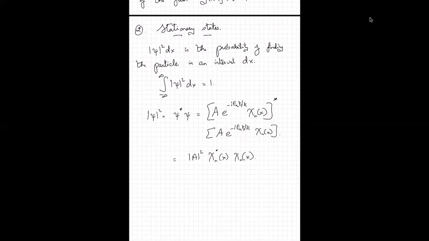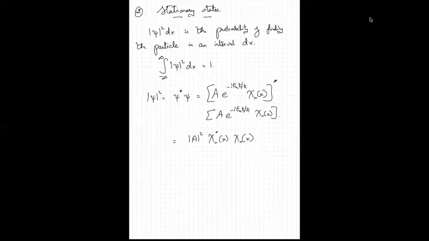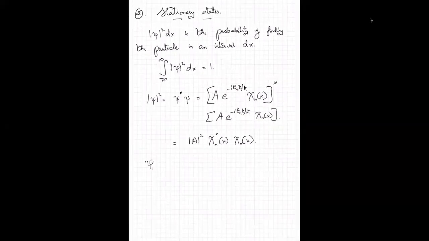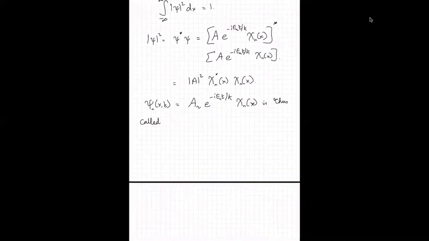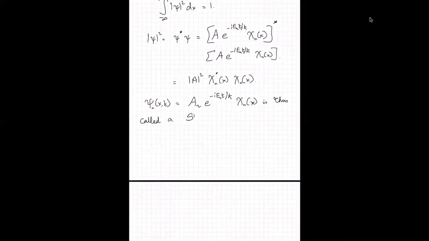Okay, so this is the sense in which you should understand these stationary states. Each one of these solutions, psi_n of x comma t, which is a_n e to the minus i E_n t over h bar chi_n of x, is thus called a stationary state.